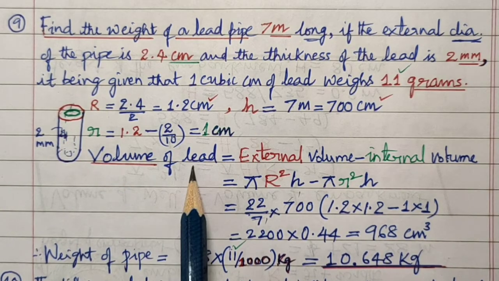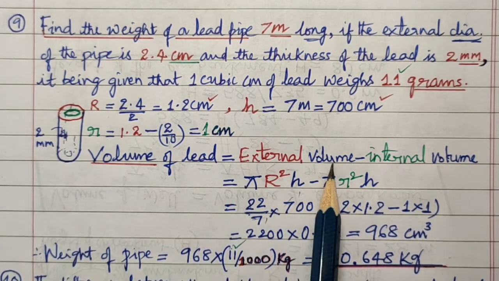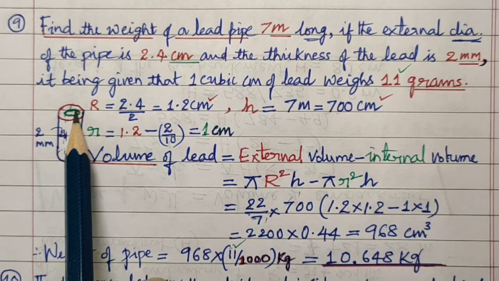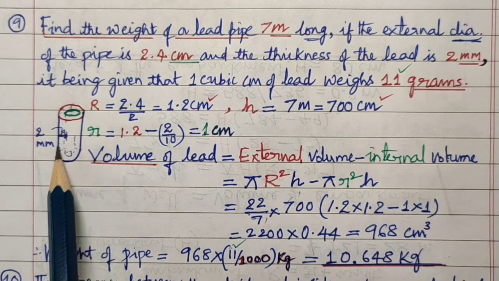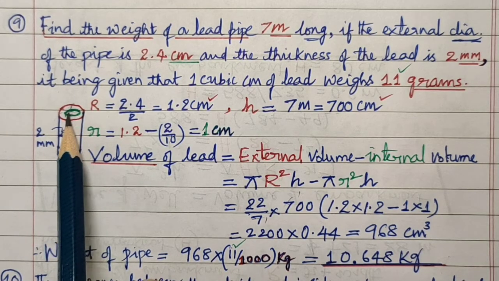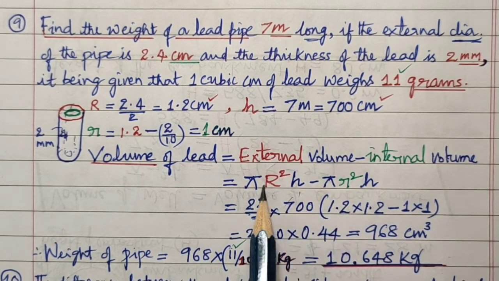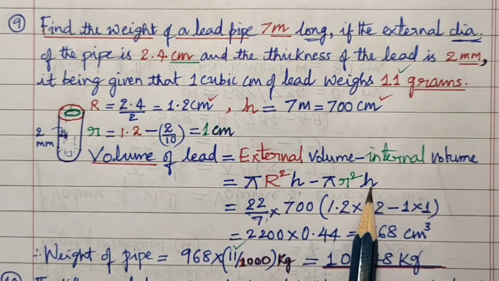The total volume of the lead is equal to the external volume minus the internal volume. You remove the volume of the hollow from the total. Take the total volume, deduct this hollow volume, and it will give the volume of the lead. External volume is pi r square h minus pi r square h for the hollow volume.